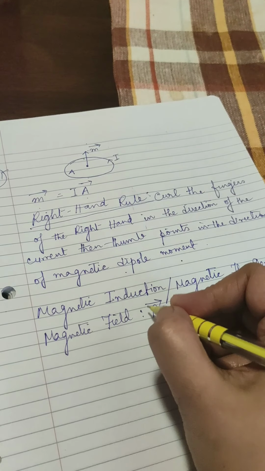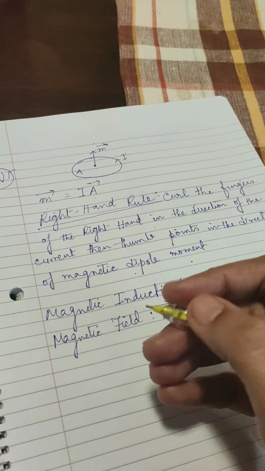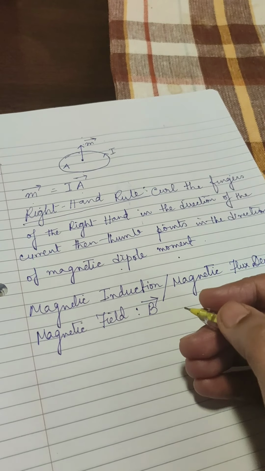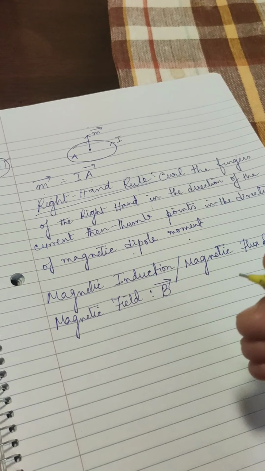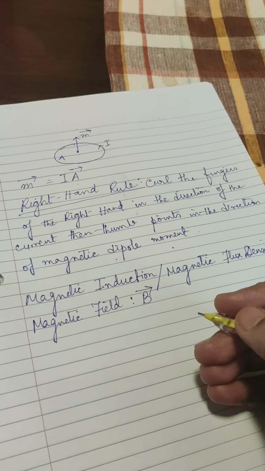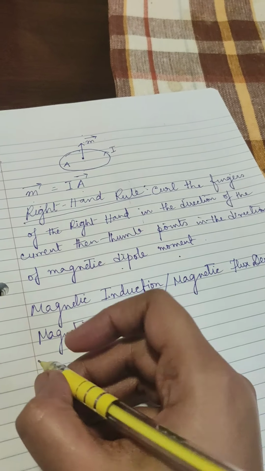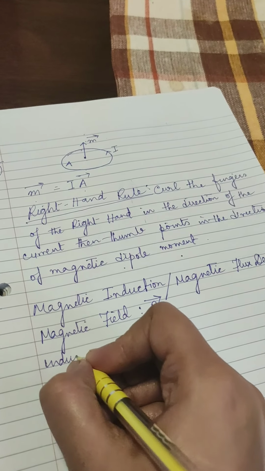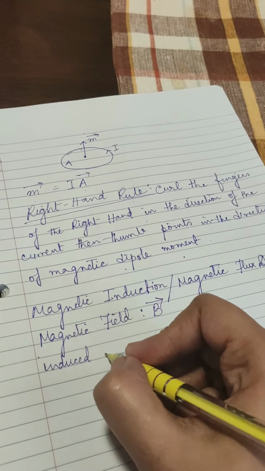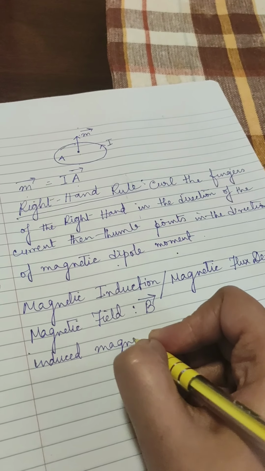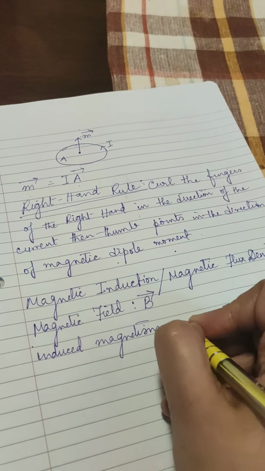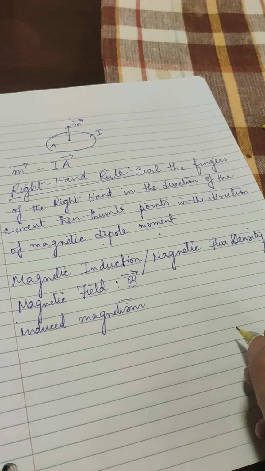Now when a substance is placed in a magnetic field, the substance gets magnetized. The magnetism so produced in the substance is called induced magnetism, and the phenomenon is called magnetic induction.